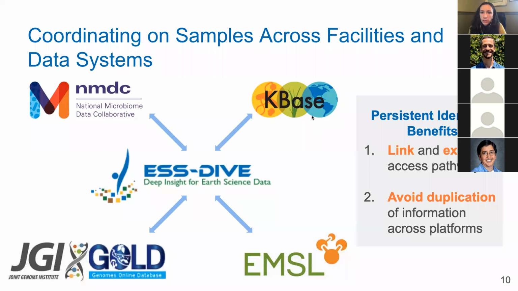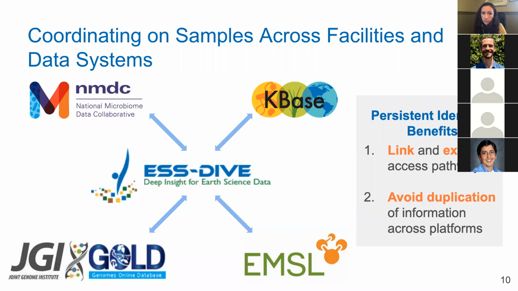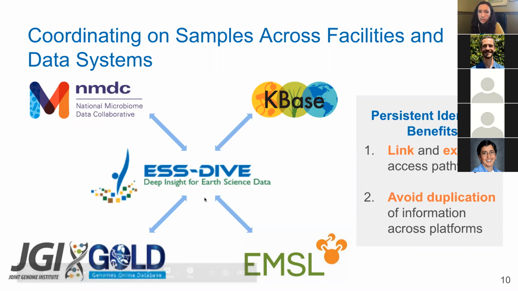Another aspect of improving the usability of standard reporting formats like this is to coordinate across the user facilities and data systems that users are already interacting with in their work, particularly for multidisciplinary projects. Samples are one good example of how data may originate or exist in different systems. Just to give an example, a particular project may have FTICR analysis coming from MSL, genomics data may be published on NMDC, and modeling work may take place on KBase.